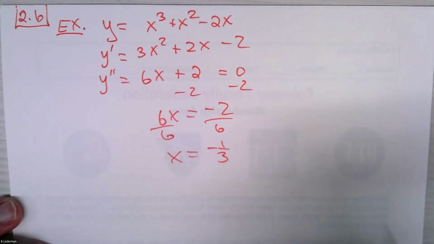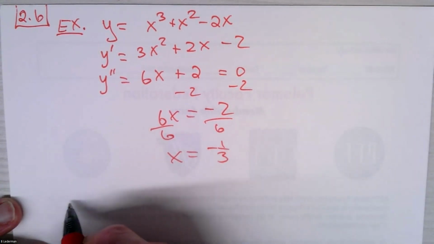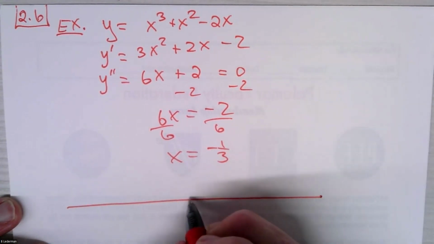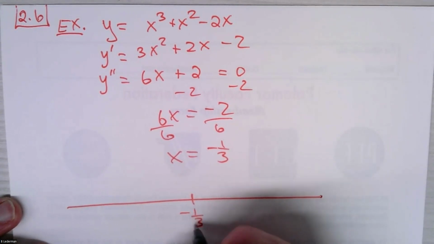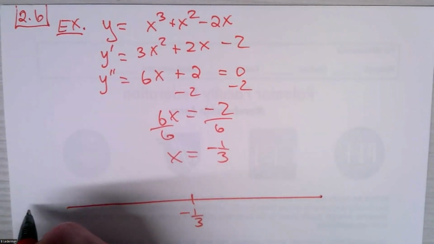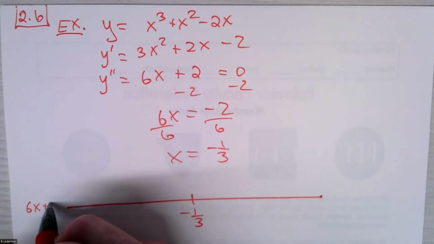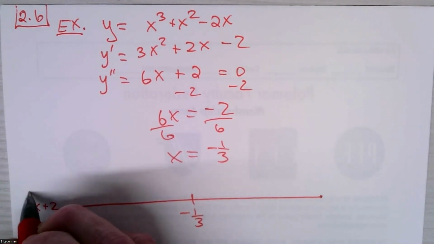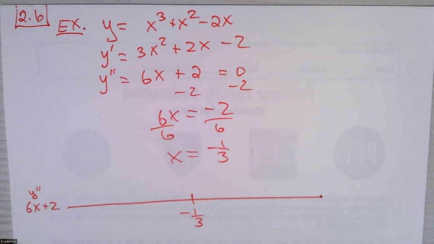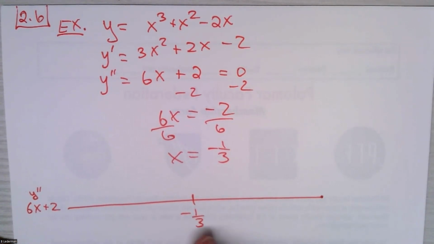Let's graph this now. If we draw a graph of this on a number line, so if x is negative 1/3, and we're looking at 6x plus 2, because that's y double prime. So when is this positive? All I have to do is test one point on each side of negative 1/3.